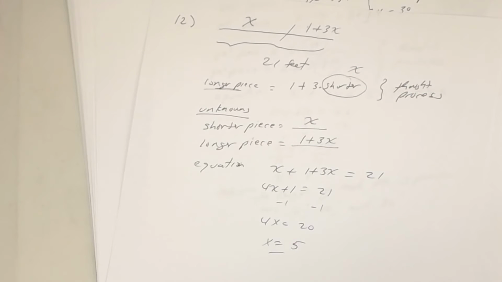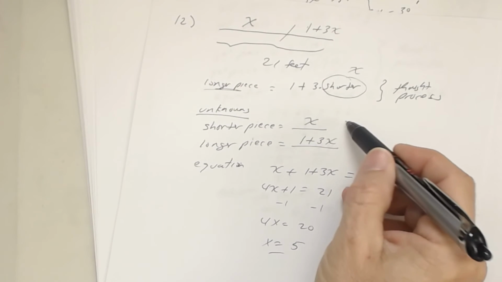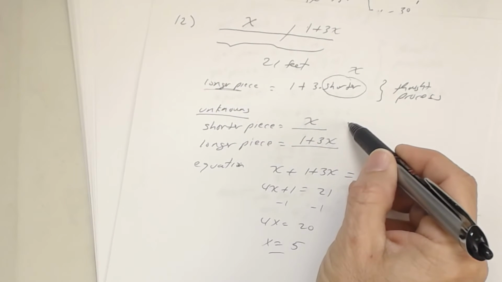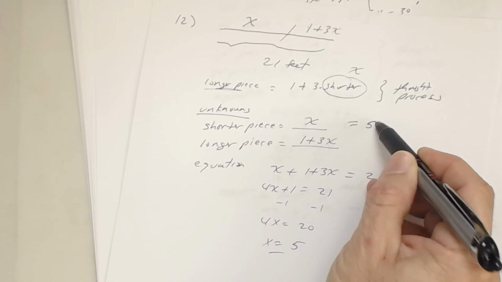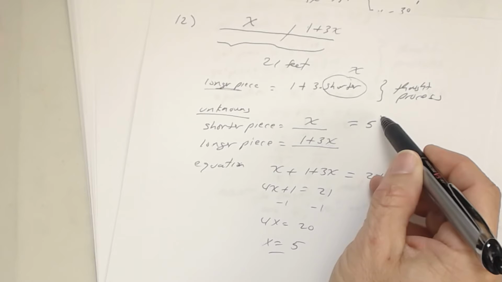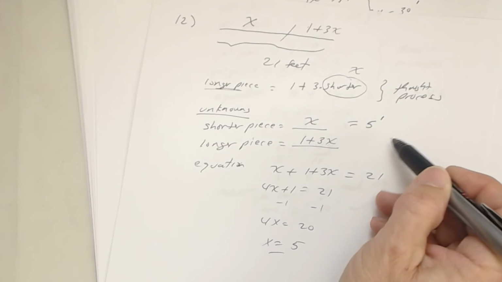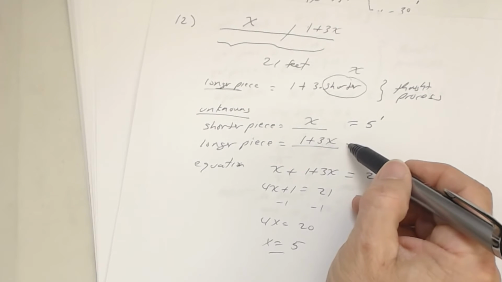All right, now remember, you have to answer whatever you're trying to find. So to do that, go back to where your unknowns are listed. If my shorter piece is x, that means my shorter piece is how many feet? 5 feet, right? The longer piece is 16.